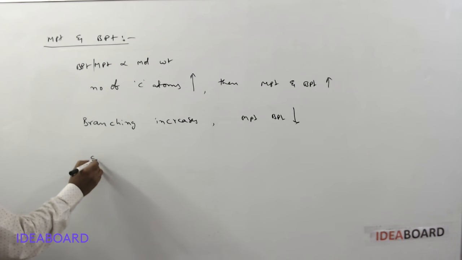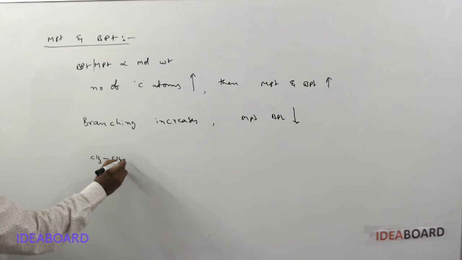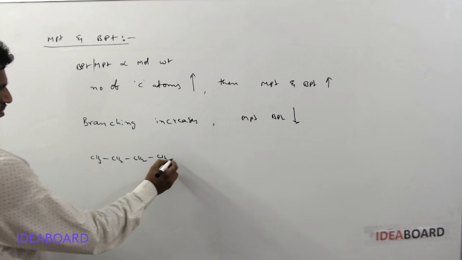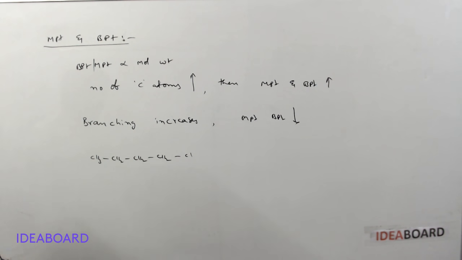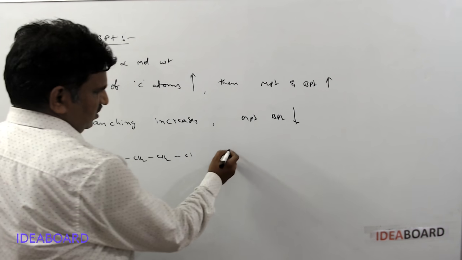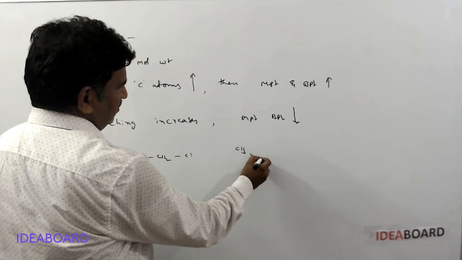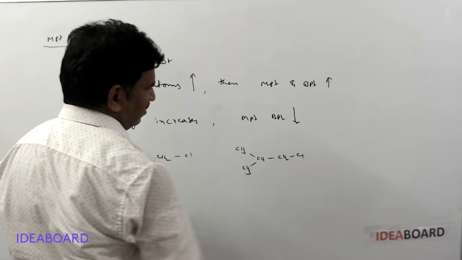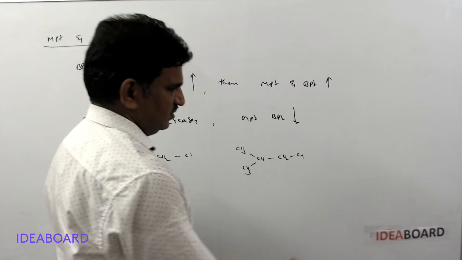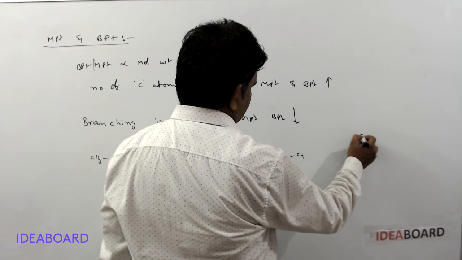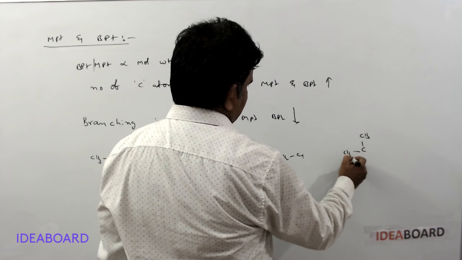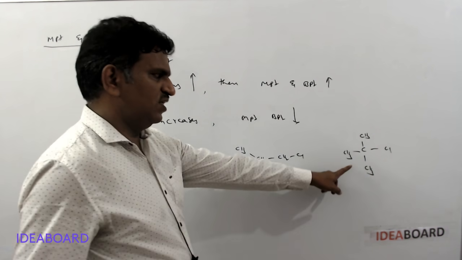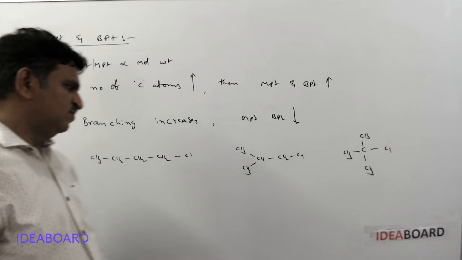For example, CH3CH2CH2CH2Cl is n-butyl chloride, the second one, with CH3CHCH3CH2Cl, is isobutyl chloride, and the next one is tertiary butyl chloride.